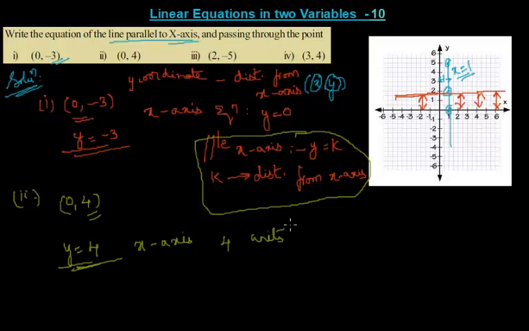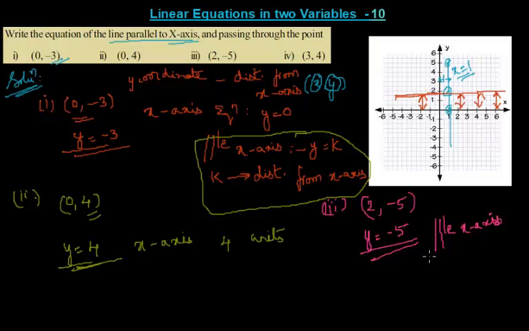Now, let us see the third one. 2 comma minus 5. In this, the y coordinate is minus 5. Therefore, y is equal to minus 5 is the equation of line which is parallel to x-axis and which is 5 units away from x-axis in downward direction.